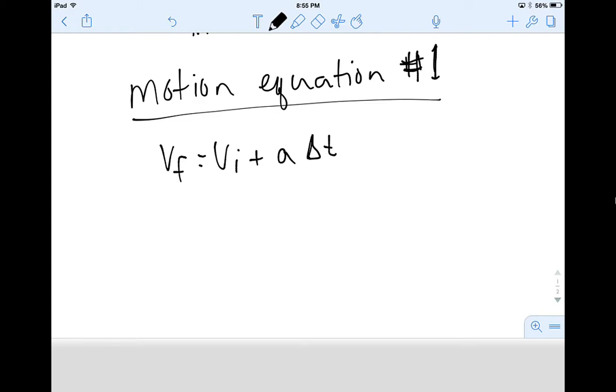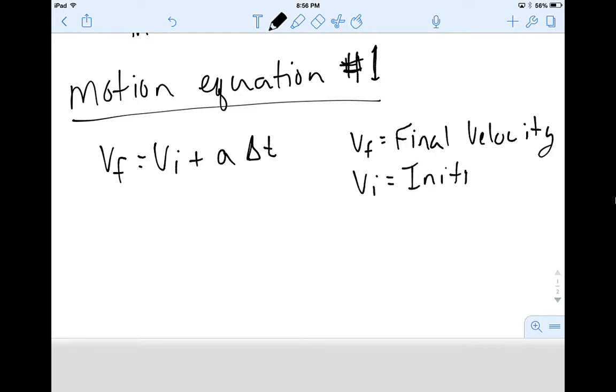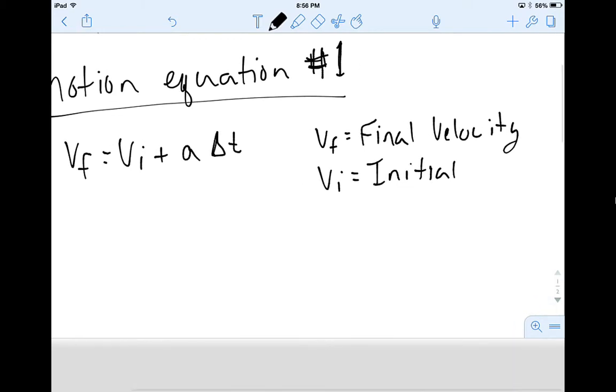In this equation, VF equals final velocity. VI is initial velocity, which so far has always been 0, but there are going to be times when the ball gets thrown upwards or downwards, and it might have an initial velocity, so we're going to keep that in there.